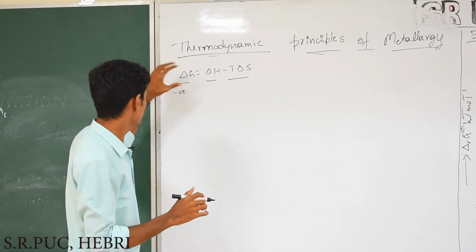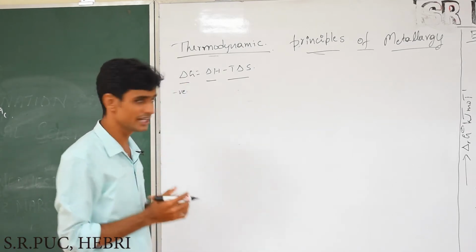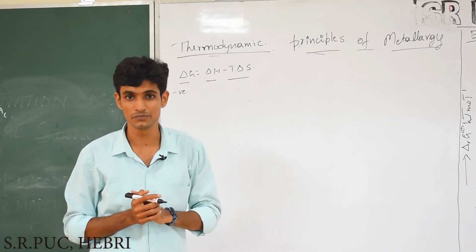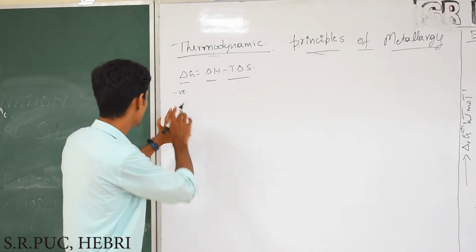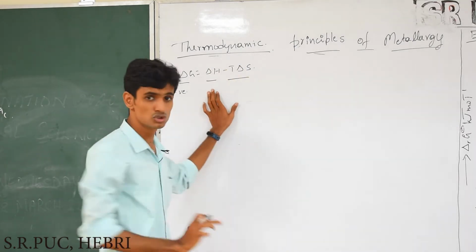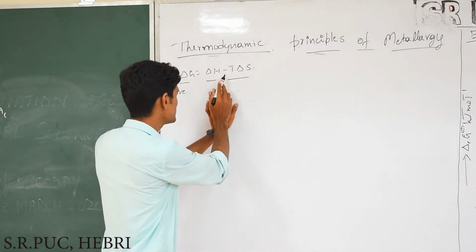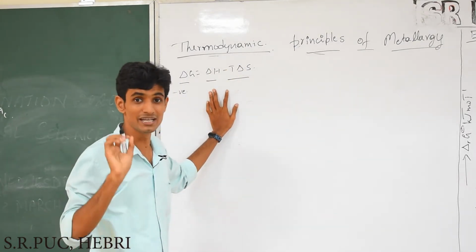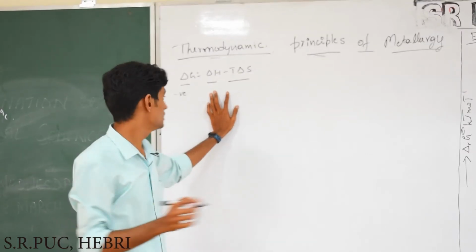So in order to have delta G negative, we should have delta H minus T delta S negative.